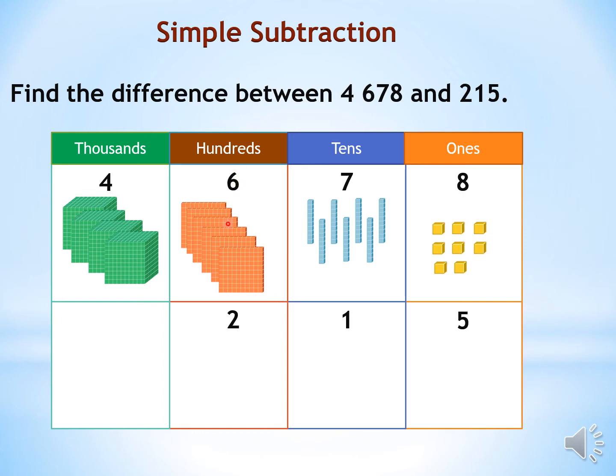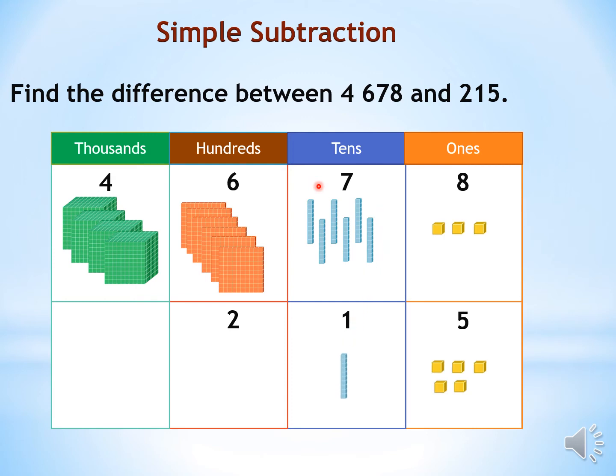So, shall we do them? Here even we start from ones. From 8 ones, I should subtract 5 ones. So, 8 subtract 5 is 3. From 7 tens, we should subtract 1 ten.